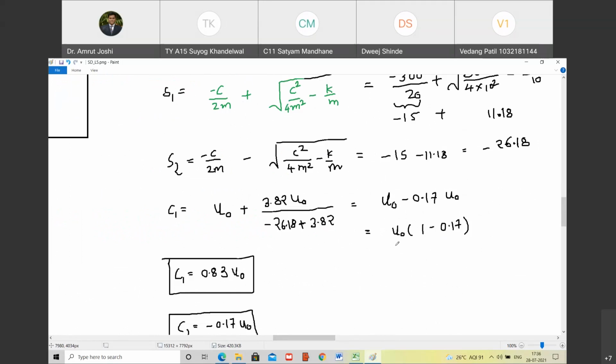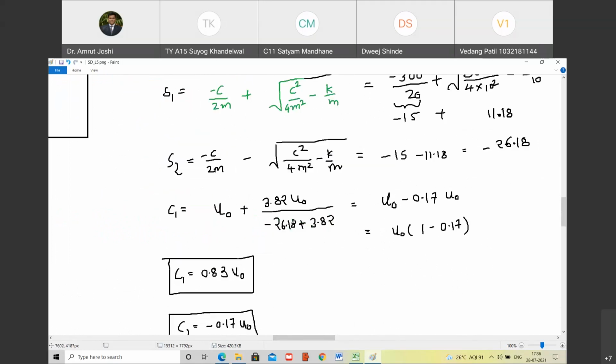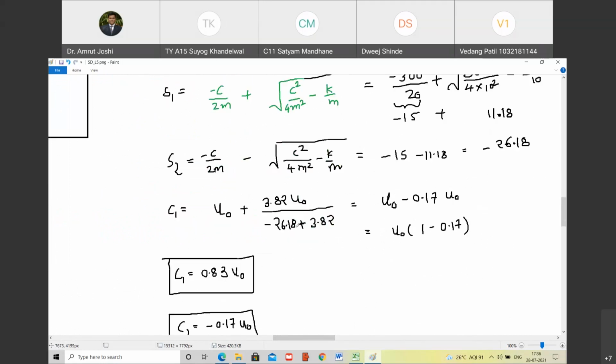Negative. S2 minus S1 is negative, right? So the fraction becomes negative and then we have a negative sign outside. So negative of negative, we get positive. No, how does the fraction become negative? That's what I'm not getting.